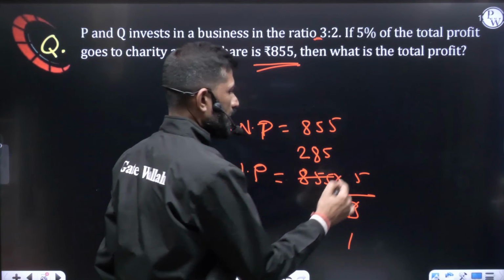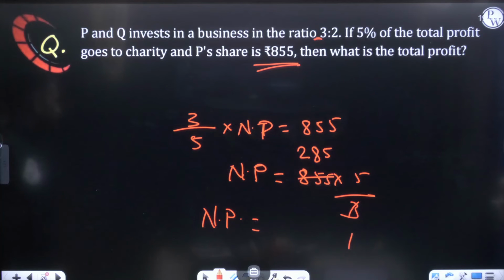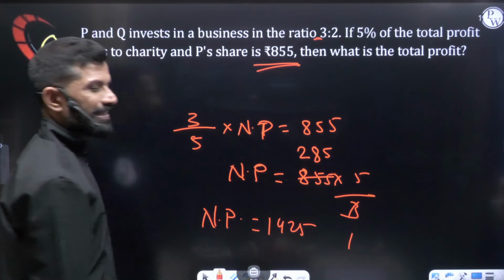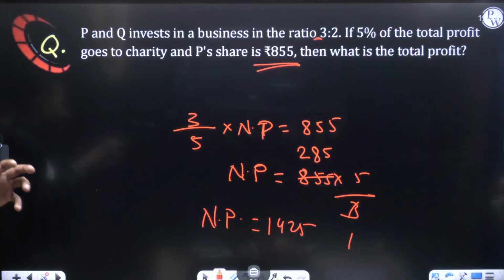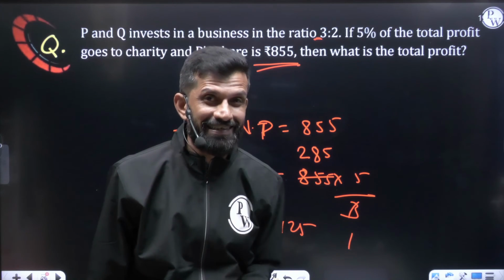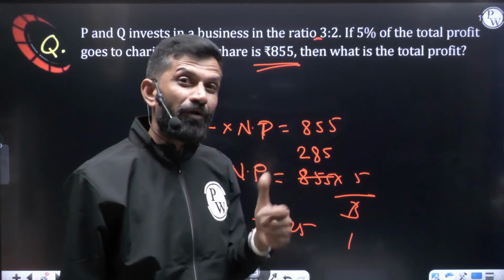So 285 into 5, how much will you be getting? 285 into 5 will be coming to 1425. So this is the net profit they are talking about. 1425 is the net profit. Net profit in the sense, this is 95%, because 5% went for charity.